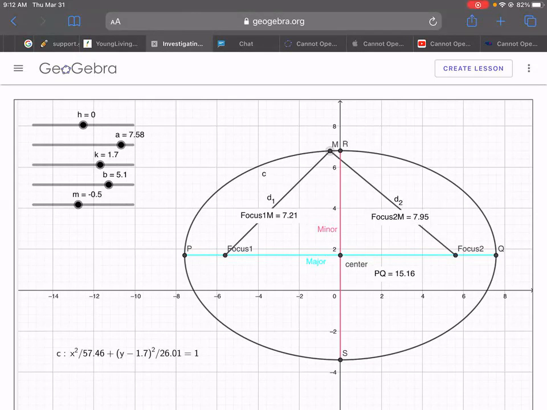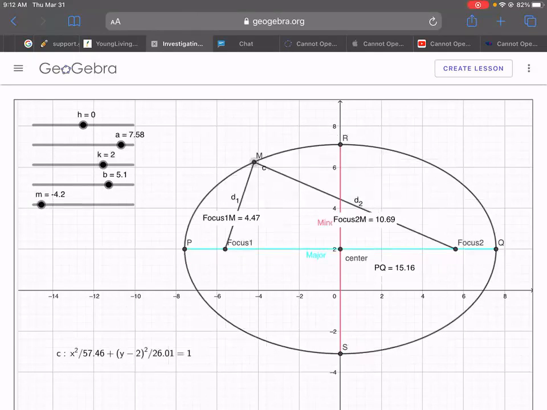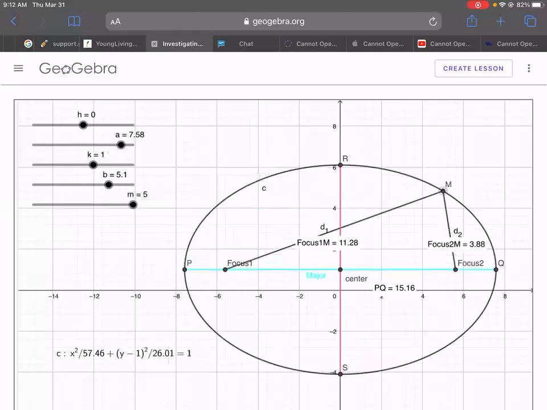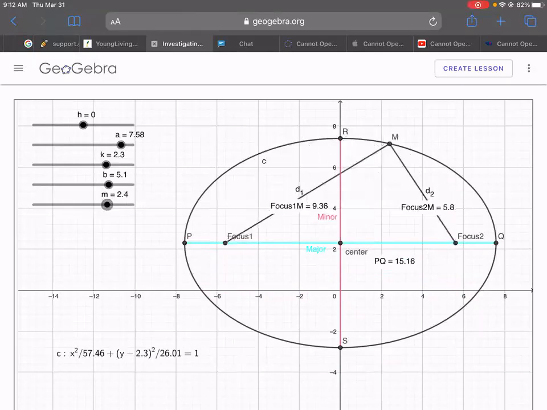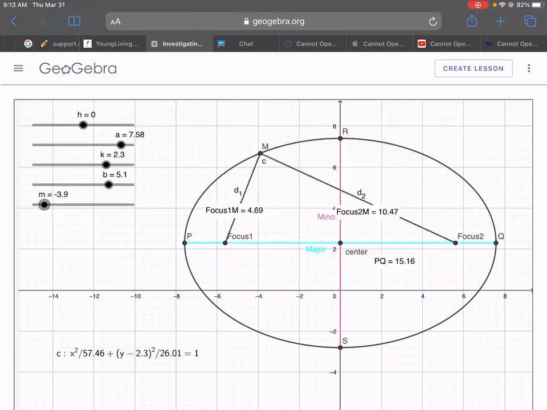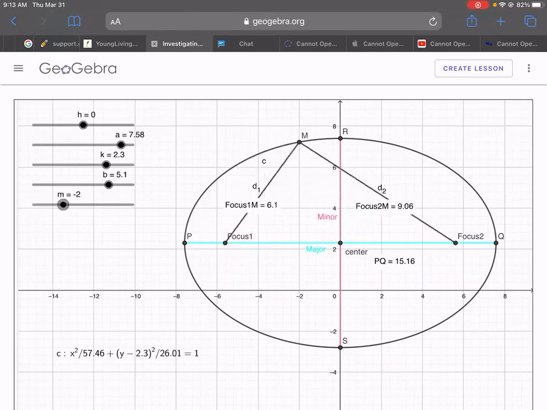How about 7.21 plus 7.95? How about 4.4 plus 10.76? Okay, so no matter where I move this point M, those two segments are going to add to be the same number.